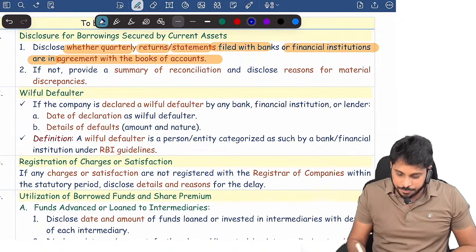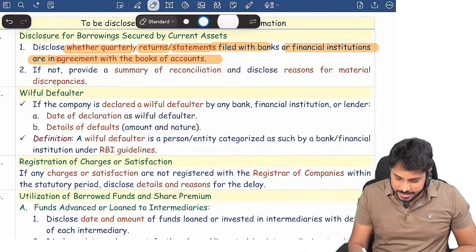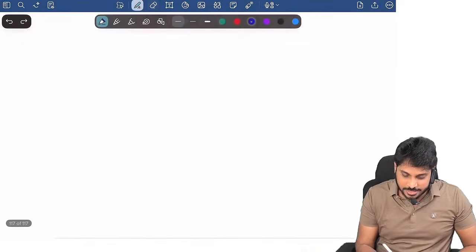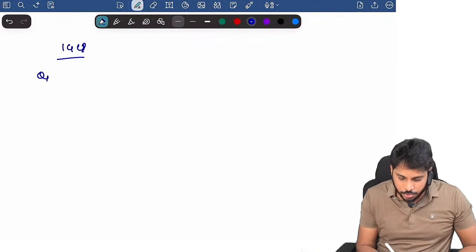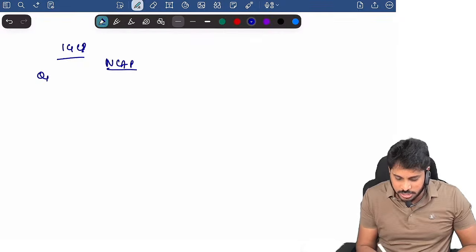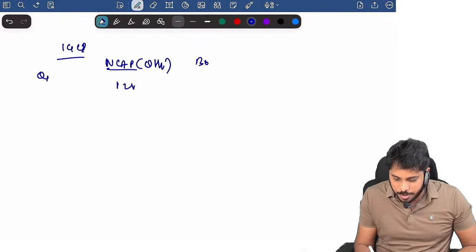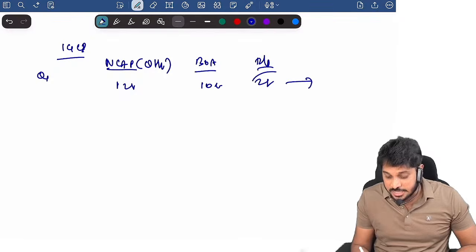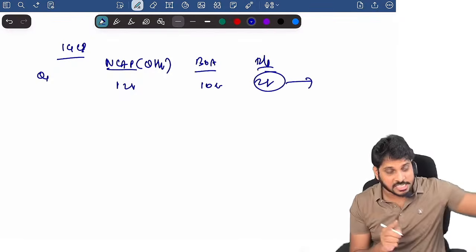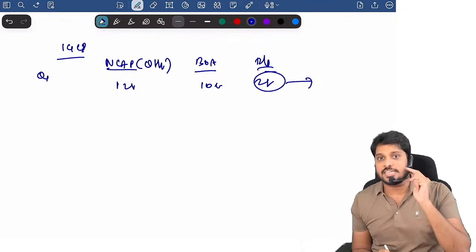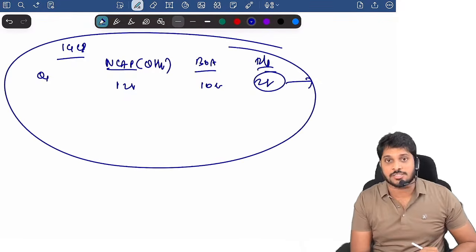Q1, for example, the company has to disclose, for example, ICICI Bank, Q1, net current asset position filed as per quarterly statement 12 crore. As per books of accounts, net current assets 10 crore. The difference 2 crore. Why this difference is there? You should not have a difference between books and statements filed with the bank, right? Why there is a difference? You need to give a disclosure like this.